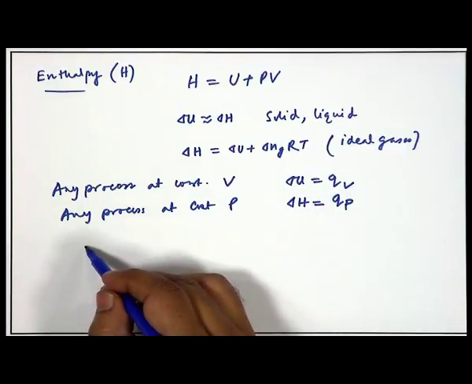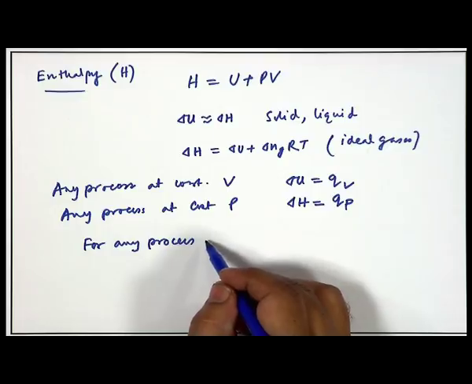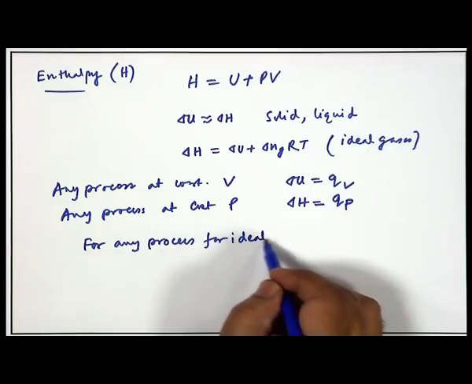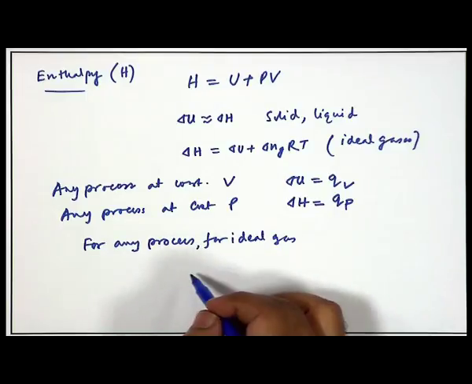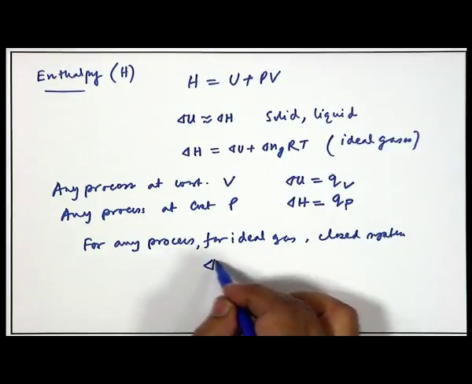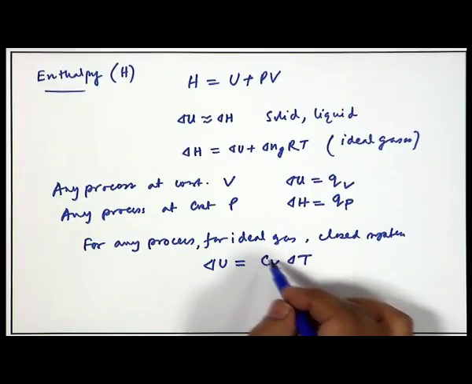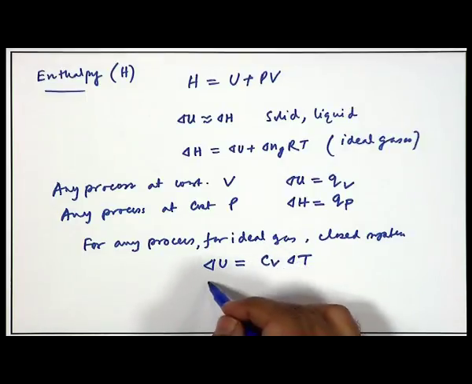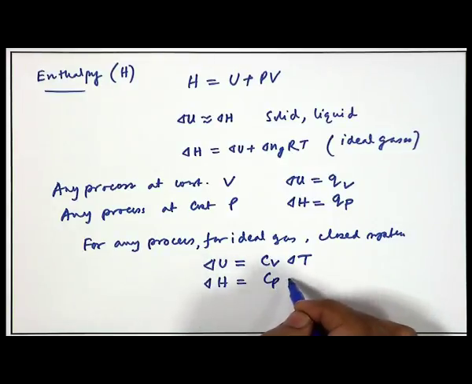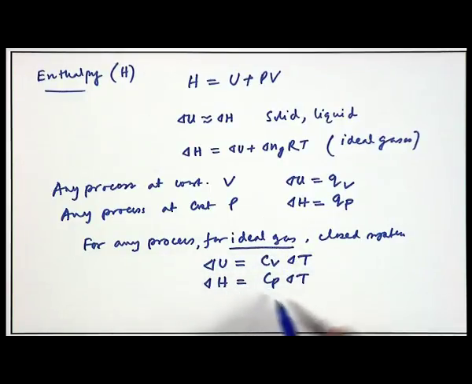And we also have seen for any process for an ideal gas, of course in a closed system, del U is given by C_V del T. C_V is the heat capacity at constant volume, and for this course we are considering C_V independent of temperature. And del H is C_P del T. Again, this is for ideal gas.